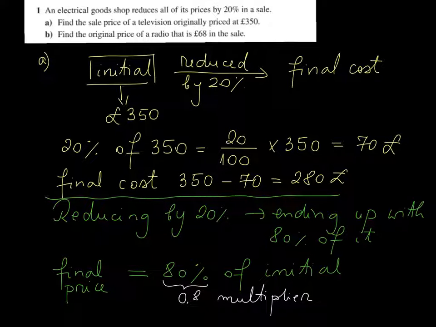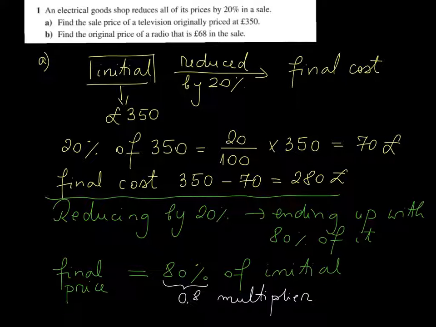The multiplier is a final percentage. Again, let me remind you, the first method, written in yellow, is perfectly fine. But the second method is faster and would help me solve different types of problems, like the one asking question B here.